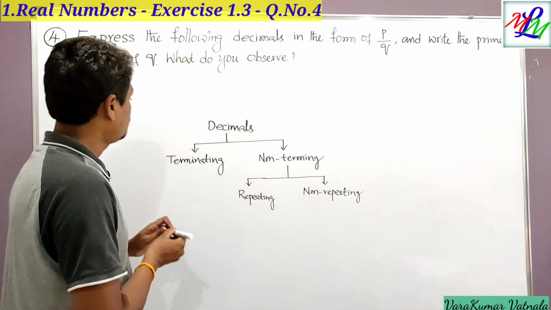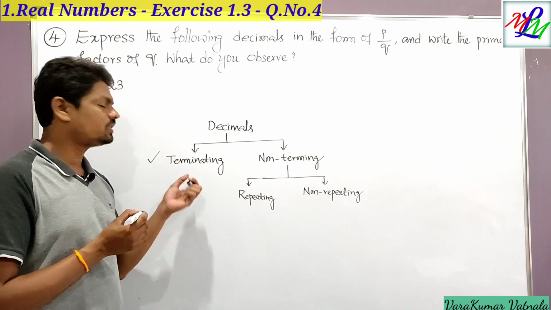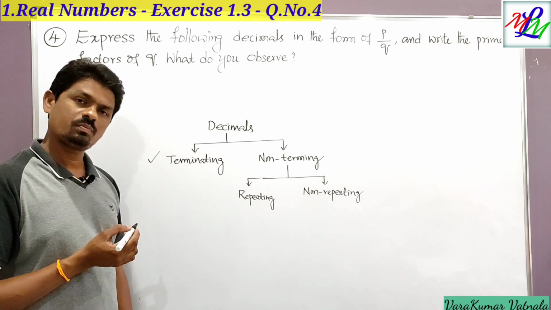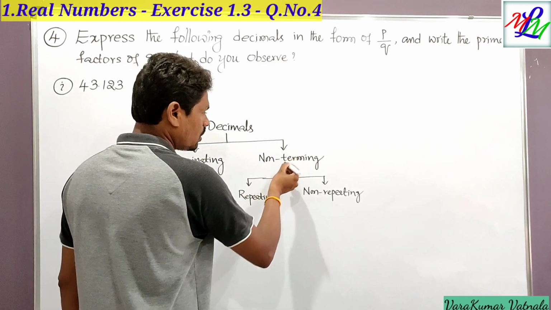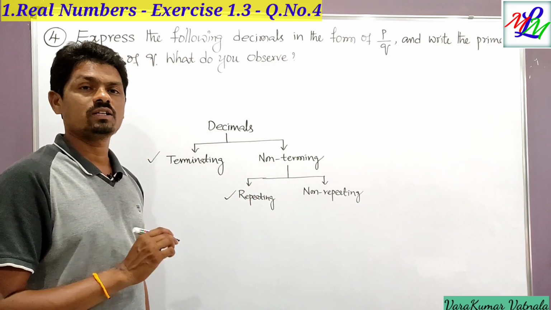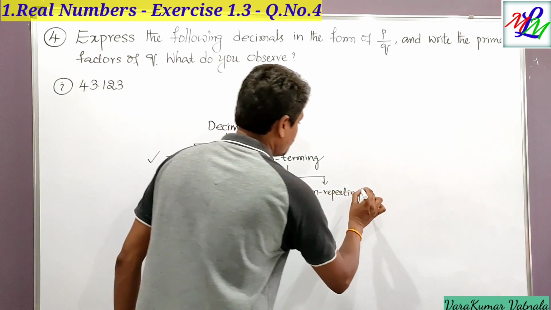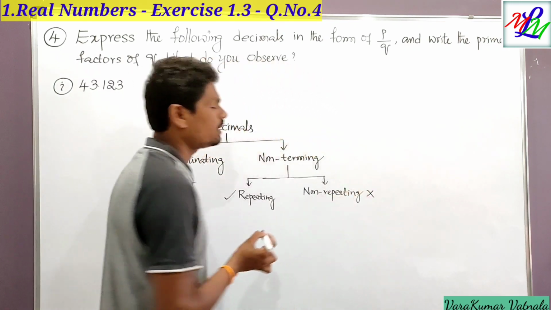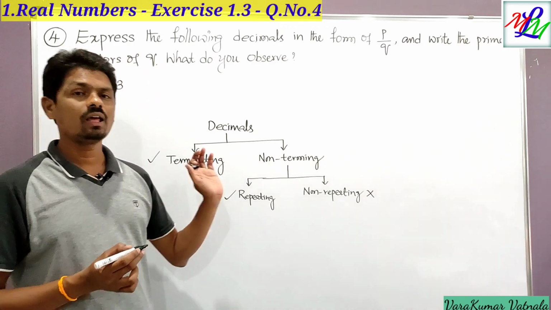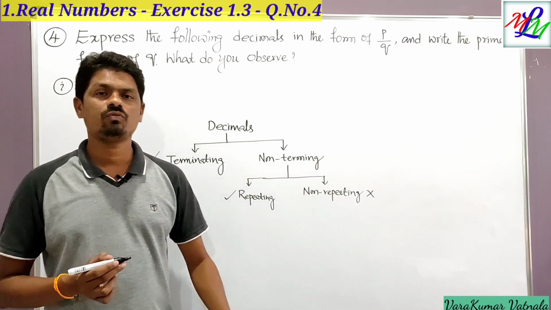Terminating decimals are rational numbers; these can be converted into p by q form. In the non-terminating decimals, only repeating decimals are rational numbers, and these can be converted into p by q form. But non-terminating, non-repeating decimals are irrational numbers, and these cannot be converted into p by q form.